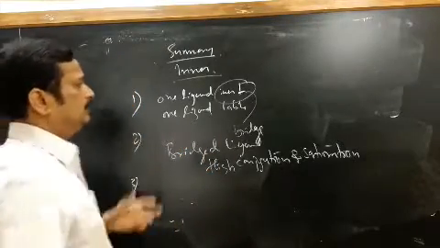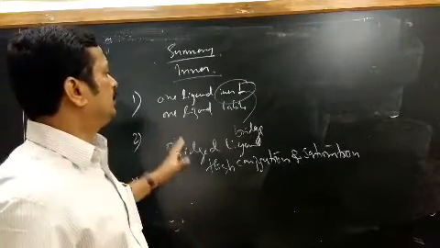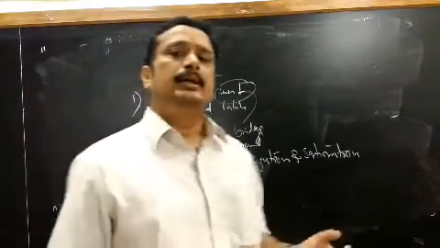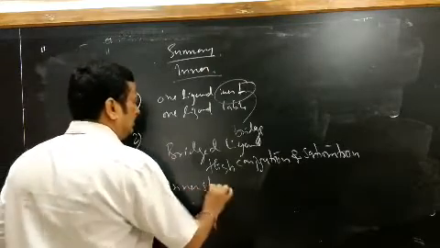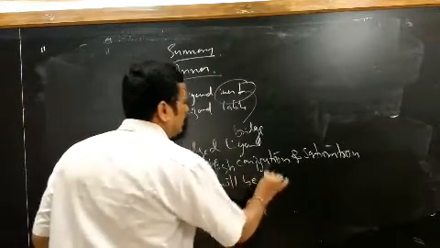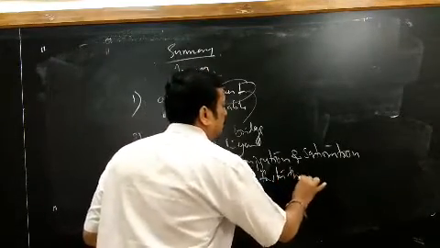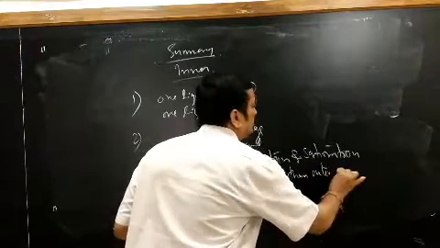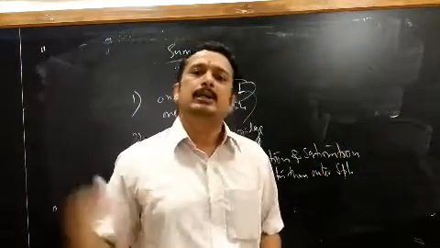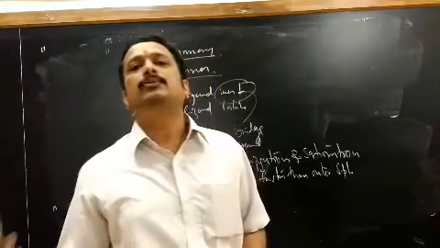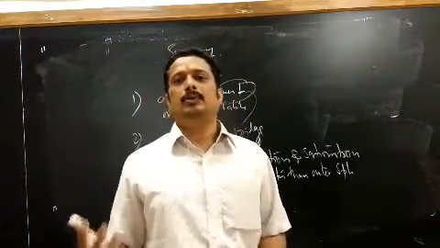One more thing you can summarize here: inner sphere electron transfer will always be faster than the outer sphere mechanism.